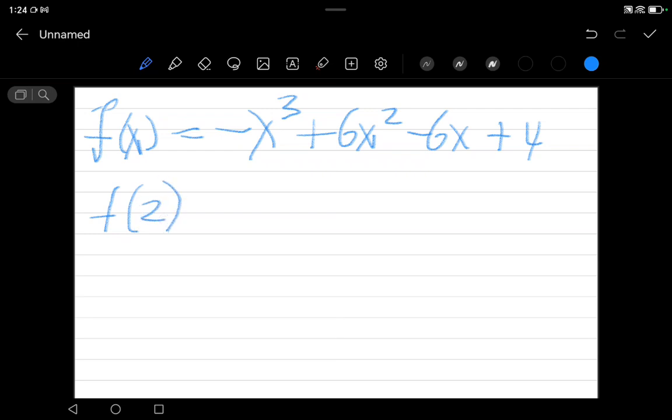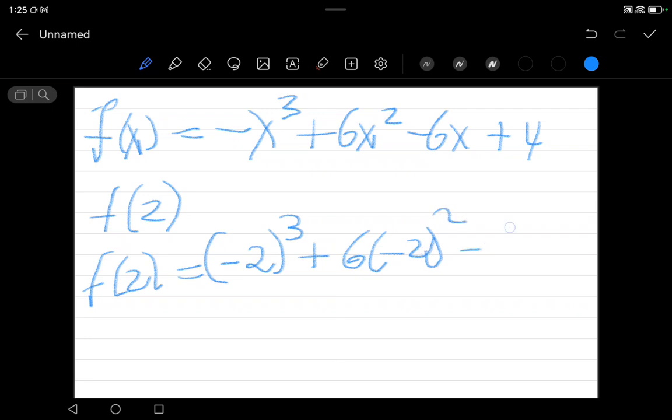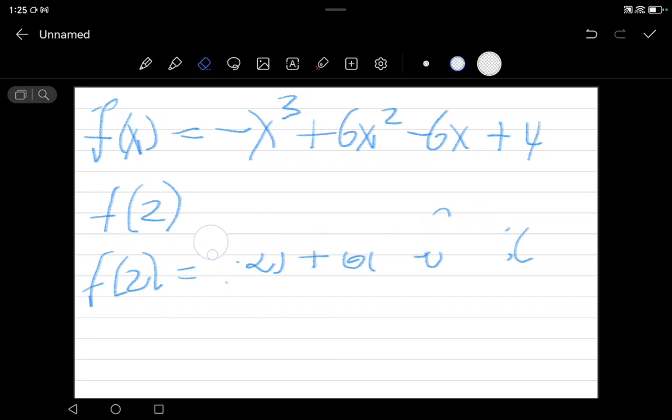So wherever there's x, you're gonna put 2. So it's gonna be f of 2 equals negative 2 cube plus 6 into negative 2 squared minus 6 into, I'm lying, it's not negative 2, it's positive 2. So let me just erase everything. So wherever there's x, we're going to put 2.